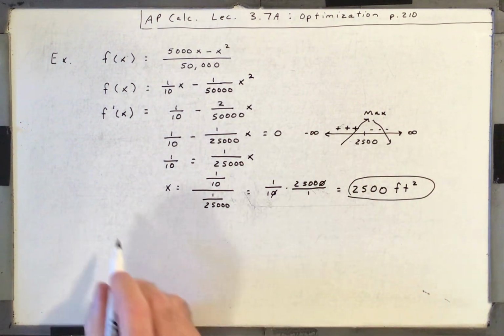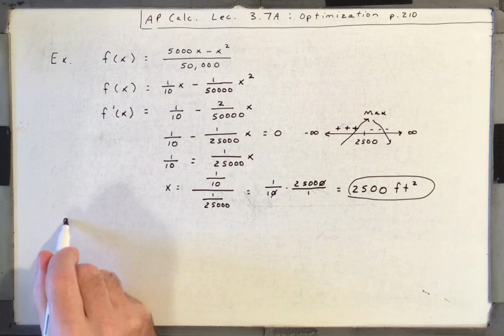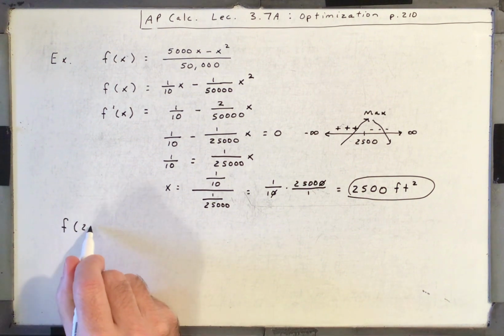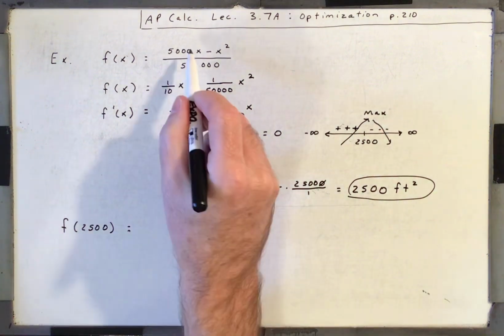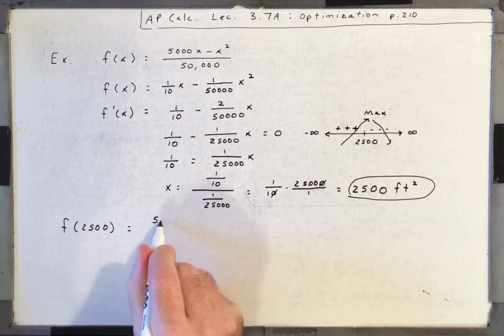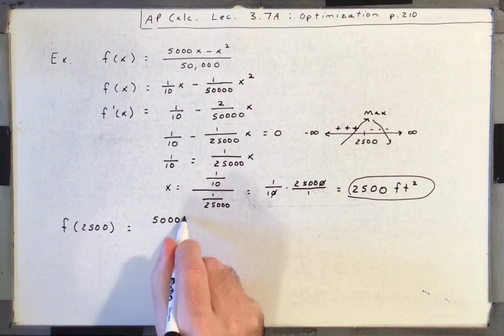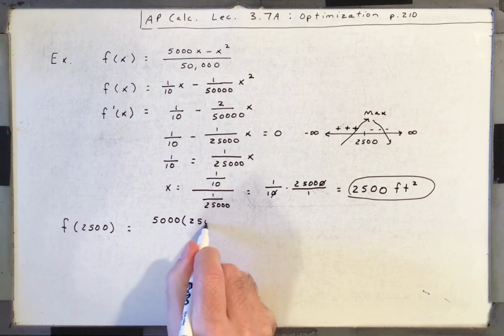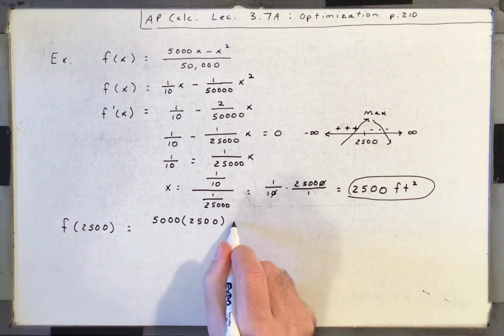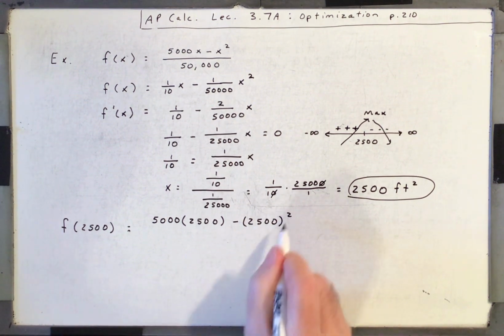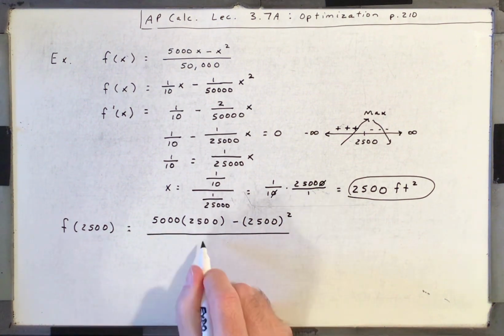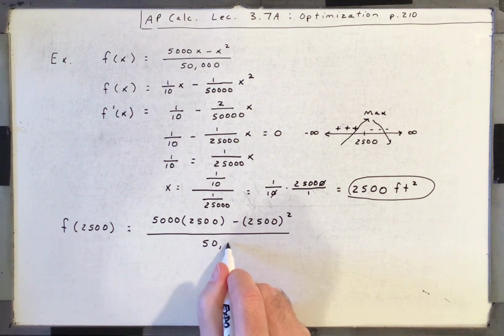So what is the profit? Don't forget to answer the second part of the question. That's going to be f of 2,500. So we're just plugging 2,500 back into the original equation. 5,000 times 2,500 minus 2,500 squared over 50,000.